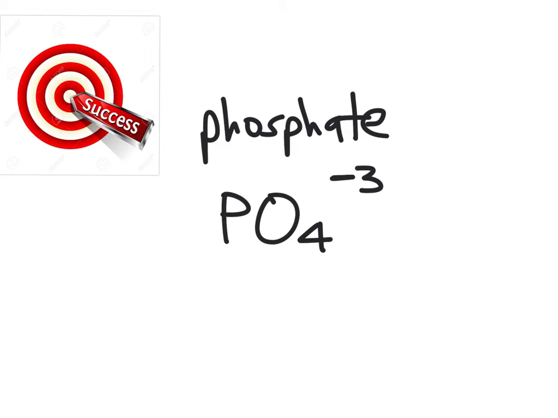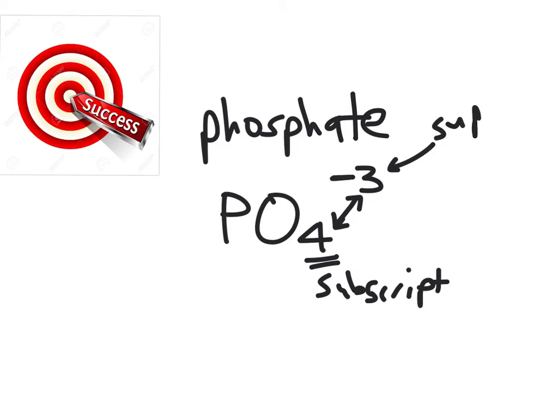So we need to make sure that there's plenty of distance between these two numbers, and that this one is way down at the bottom as a subscript, and the charge here we need always as a superscript. So make sure there's lots of distance between those.